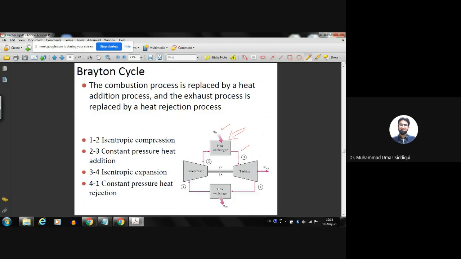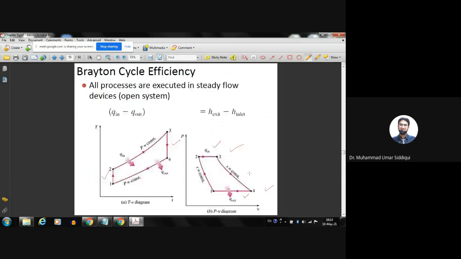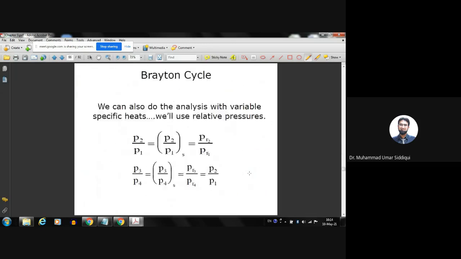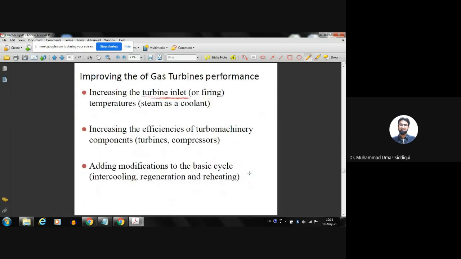We can increase the temperature of the combustion gases, but it should remain below the operating temperature of the turbine. So by increasing the temperature of the turbine inlet, we can increase the efficiency, but there is a limitation of how much we can increase. So this is the first thing. We can increase the efficiency by increasing the turbine inlet temperature.